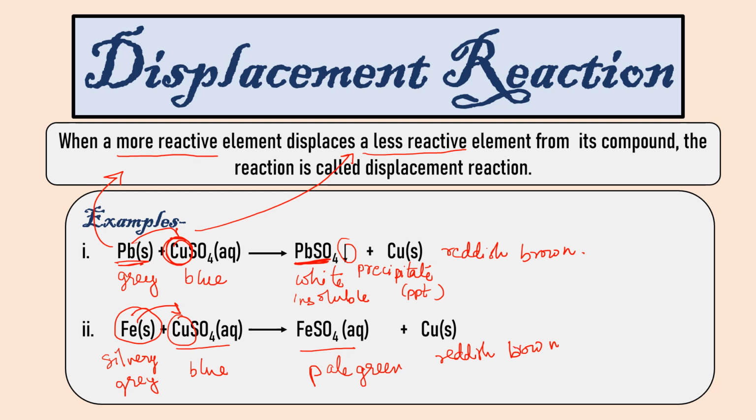If you are taking iron nail, piece of iron, on that you'll see the deposit of copper, reddish brown in color. Here you can see the color of the solution changes from blue to pale green due to the formation of iron sulfate. So this is a very common reaction, children.